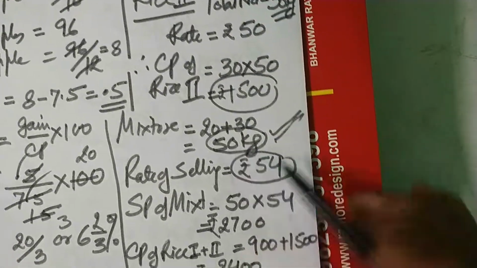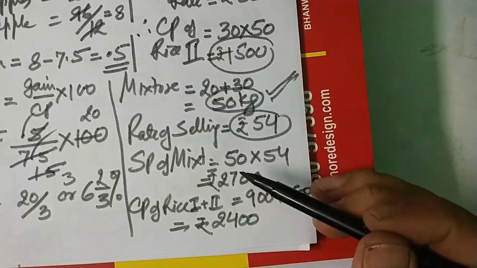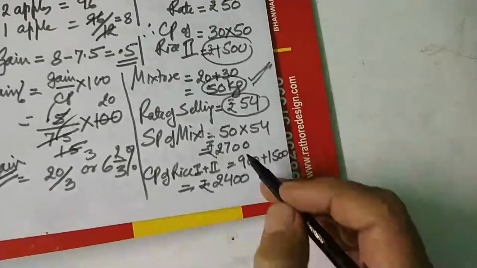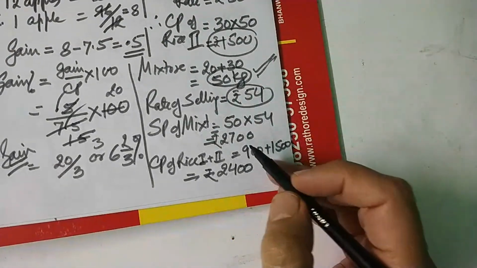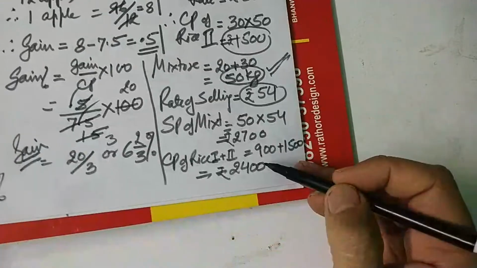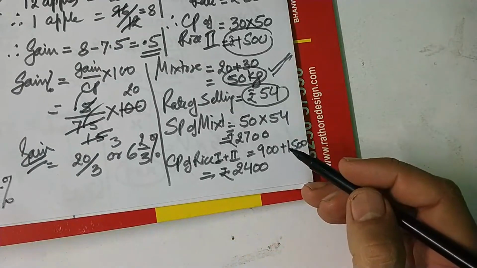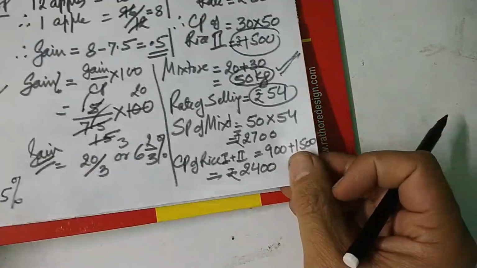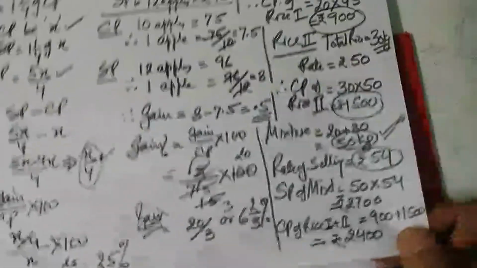She is selling 50 kg. Therefore, the selling price of the mixture becomes 50 into 54. So selling price is 2700. Cost price of both the rice was 2400. So she has made a gain. You have to find how much gain she has made. So what is the gain she has made?